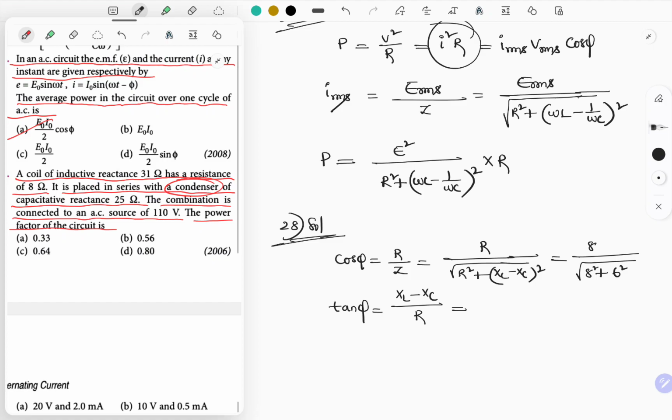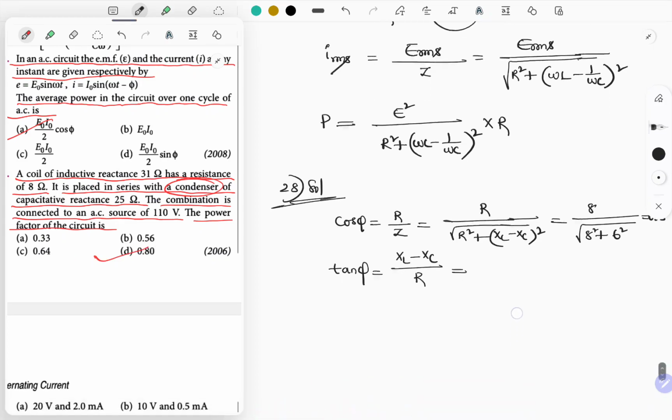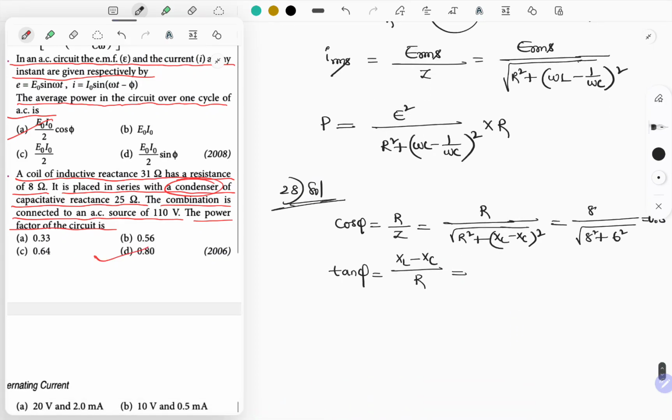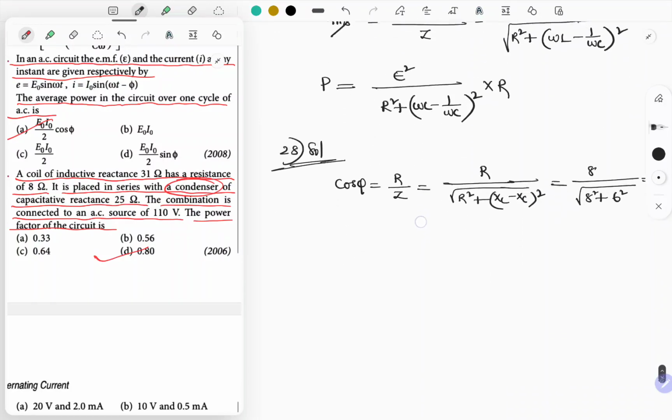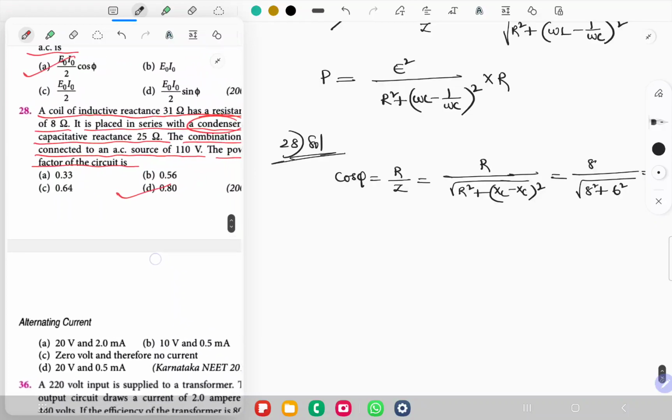So root of 8 square plus 6 square is 100, root 100 is 10, so the answer is 0.8. You can answer with the help of tan phi also, but it is difficult because we need cos phi: from tan phi you have to find phi, then cos phi. It's a lengthy process, no need for that. So this is enough. Option D is the correct answer.